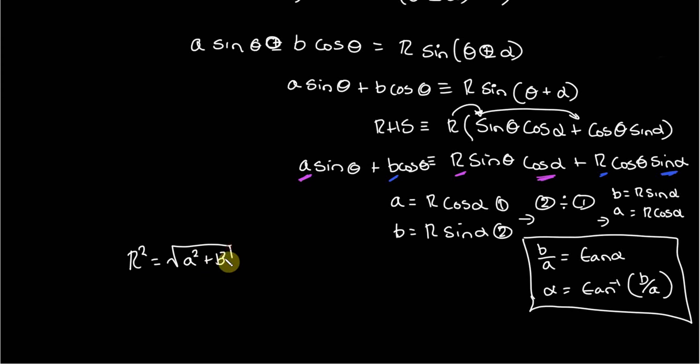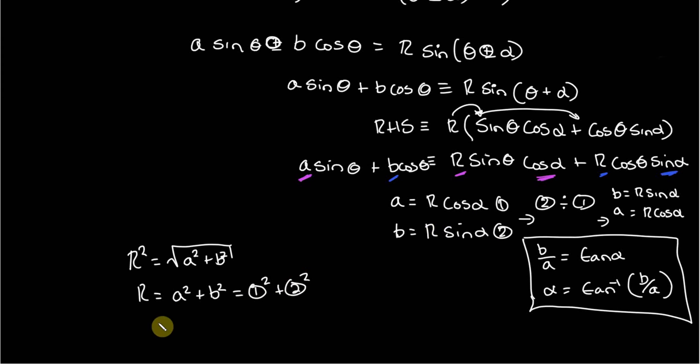It's always the case that this is true. In other words, r always equals the square root of a squared plus b squared, as you can see right here. Although we're not always going to have a and b, you can think of it a little bit more generally if you would like. This is how I remember it: r equals the square root of equation 1 squared plus equation 2 squared. It's the same thing, okay?